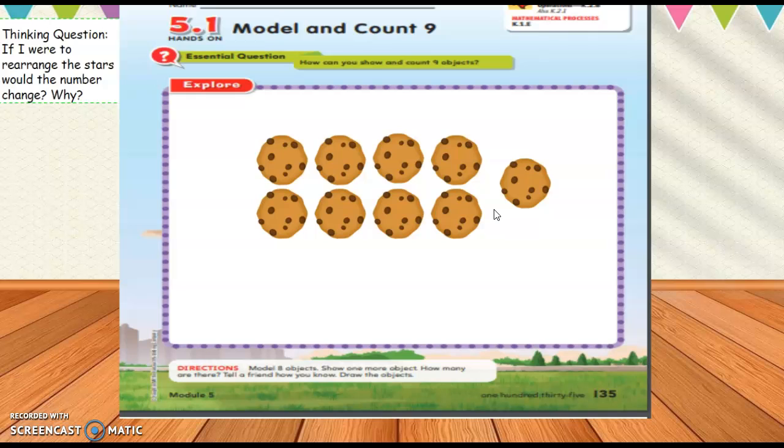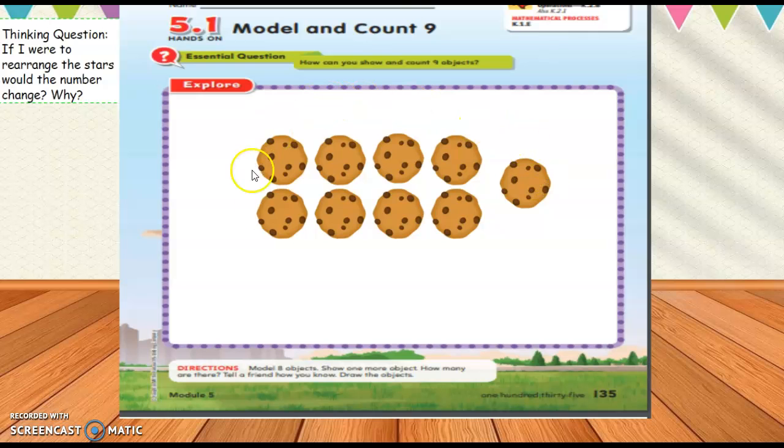Can I tell you something that I noticed about 9? Just like the number 8, I know that 9 is 1 more than 8, and how I know that is because first we had 8 cookies, and then when her mom gave her 1 more, it made 9. So 9 is 1 more than 8.